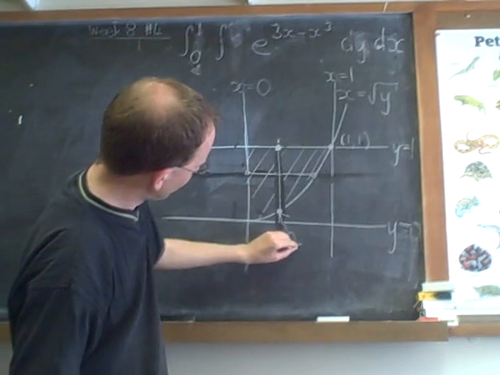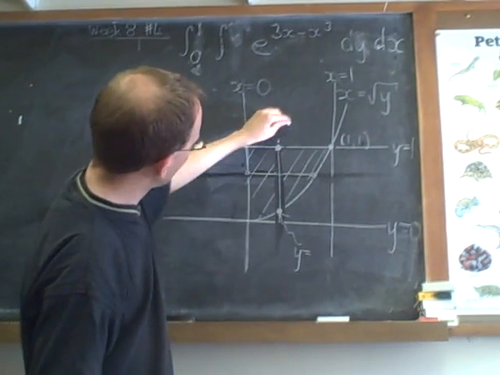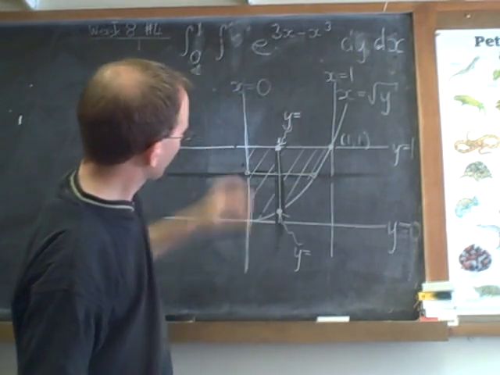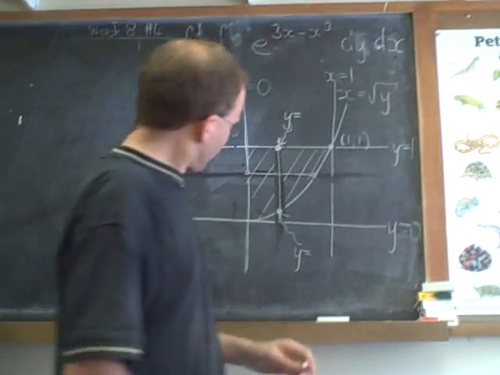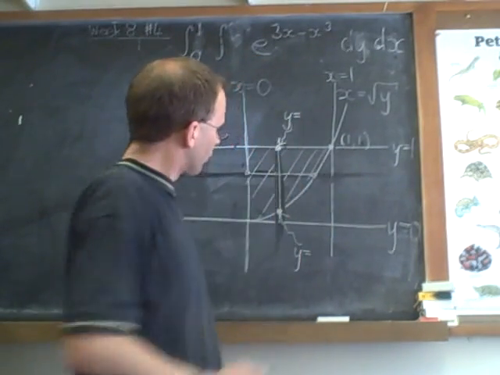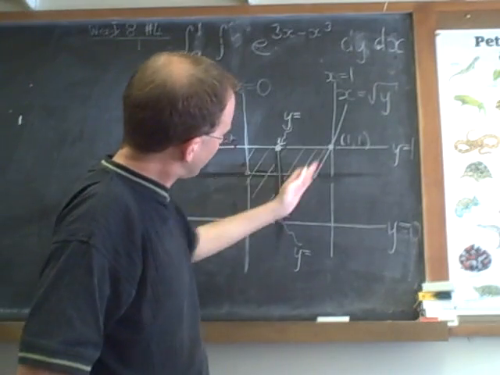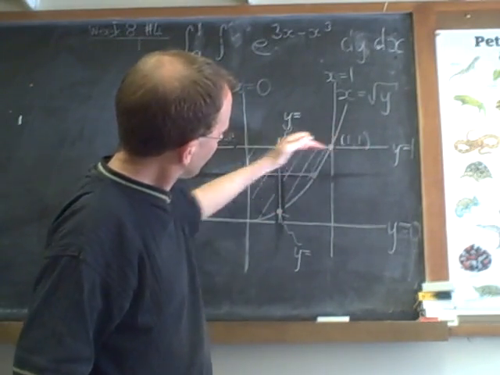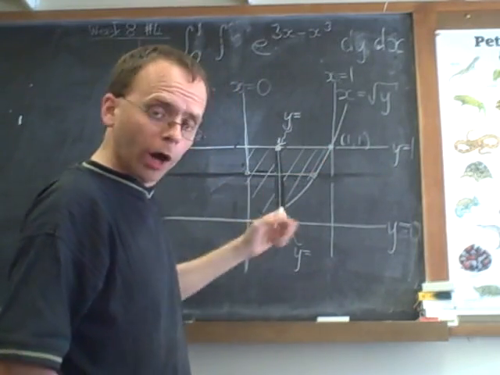The lower limit is whatever y is here, and the upper limit is whatever y is here. But as we enter and leave the region, we're crossing boundaries of the region. So this is a case of expressing the equations of these boundary curves in the form y equals something.